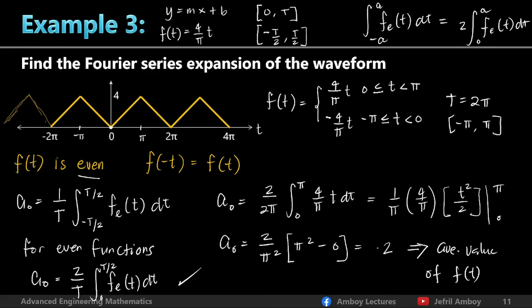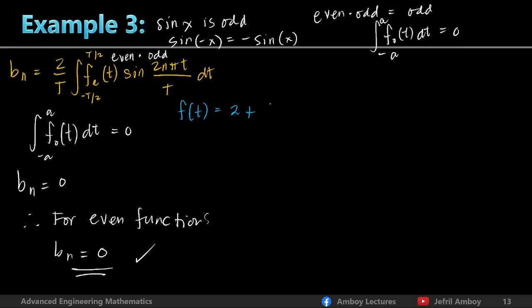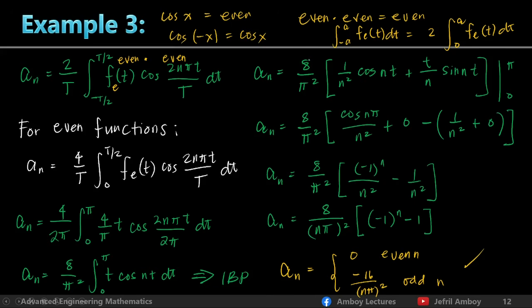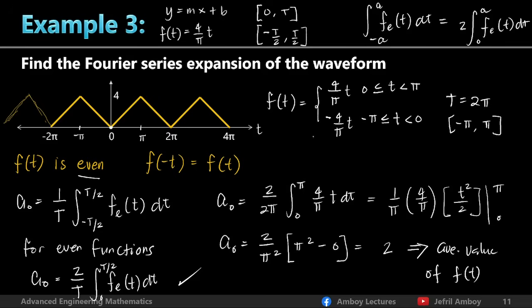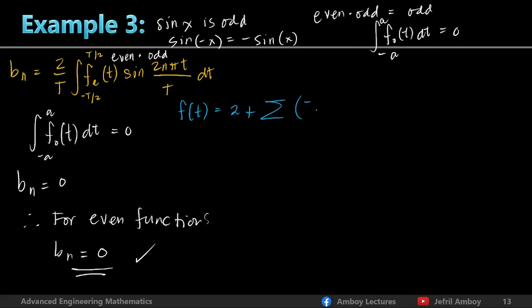The average value is equal to 2 plus summation of An cosine plus Bn sine. So, unahin natin yung An. Ano yung An natin? Yung An natin ay ito, negative 16 over n squared pi squared.